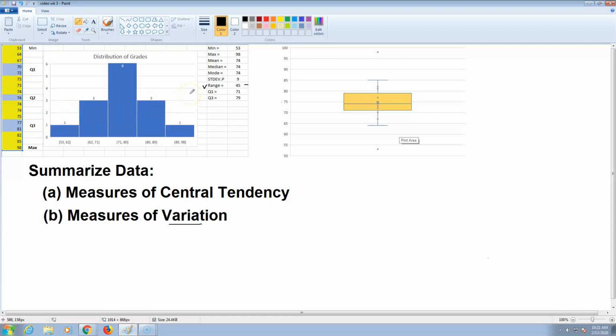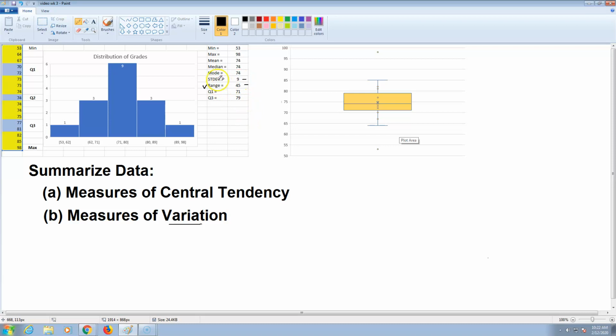Just keep in mind that when you're calculating the standard deviation, you need to find out if the data came from a population or from a sample, because there are different formulas for each. In this case, these 17 numbers were all my students in that stat class, so I chose the standard deviation of the population. That's how you see it in Excel, STDEV.P. Okay, and it came out to be 9.